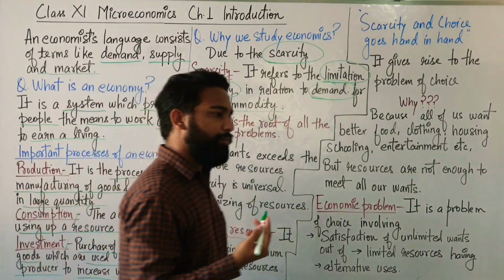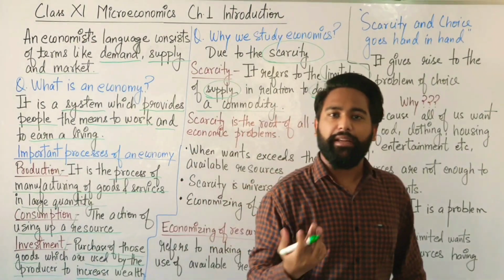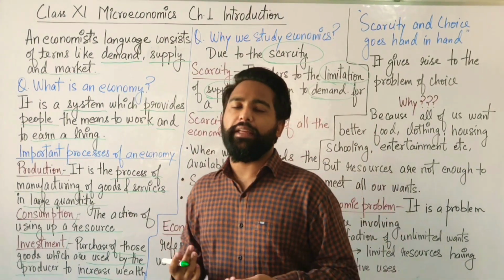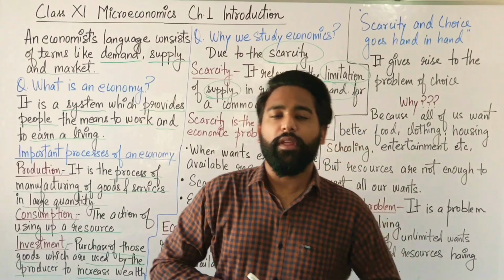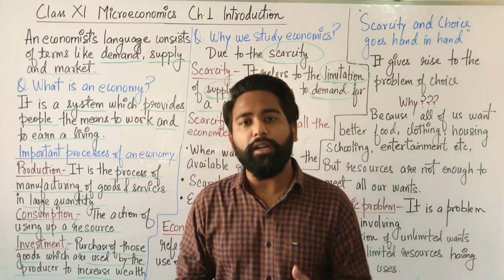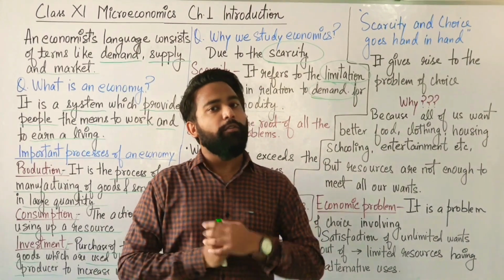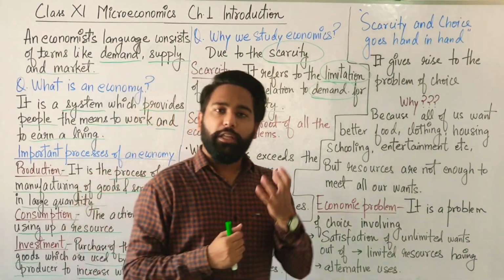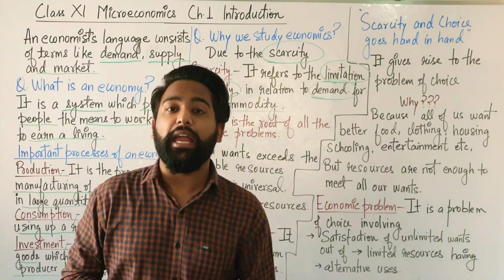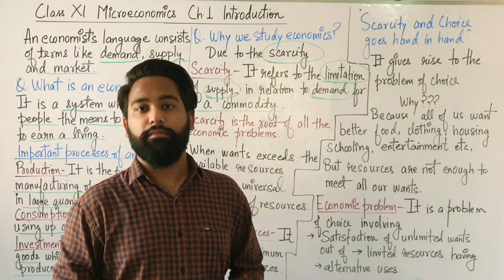For example, you want bread. You go to the market and you find that there is not a single packet of bread remaining in the market. Now what will you say? You will say that there is a scarcity of bread in the market.